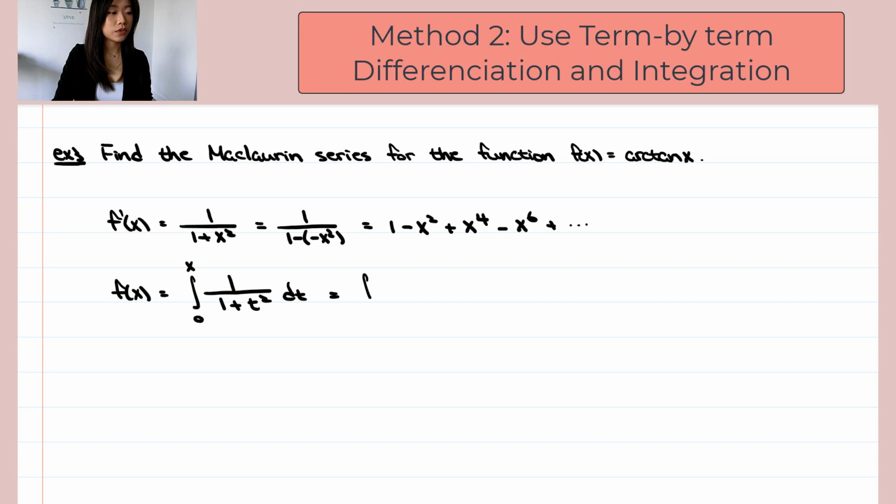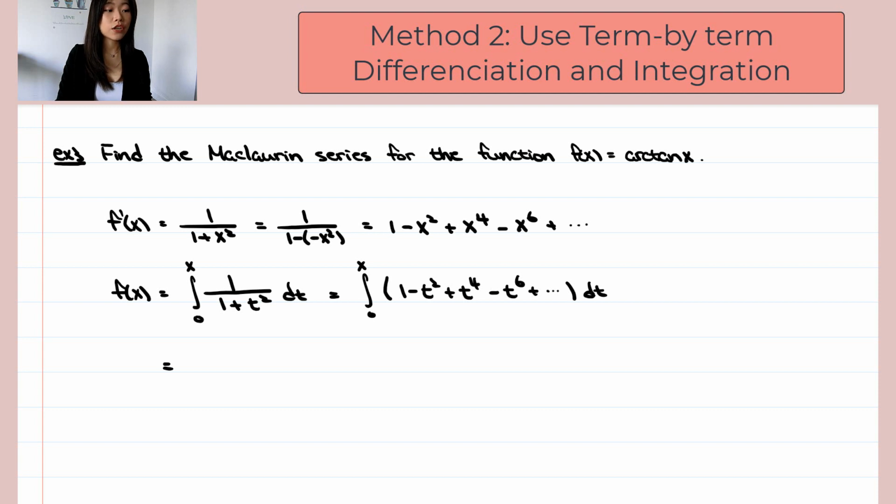Then I substitute the series I found for 1 over 1 plus t squared. So this equals the integral from 0 to x of 1 minus t squared plus t to the power of 4 minus t to the power of 6, and so on. Then I can integrate term by term.